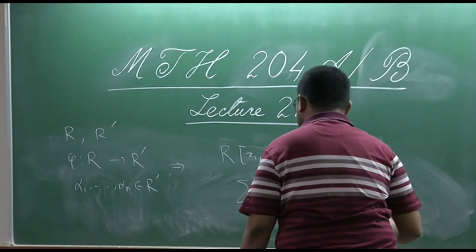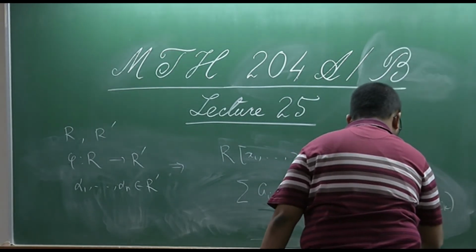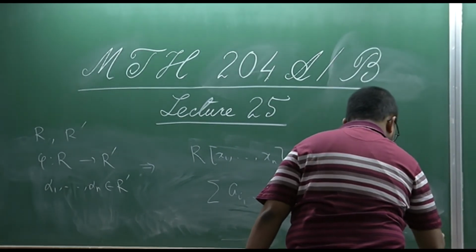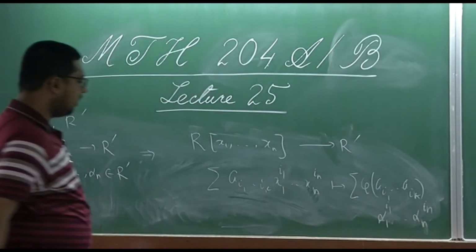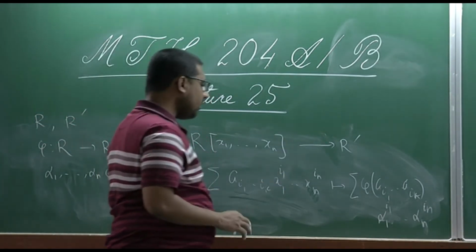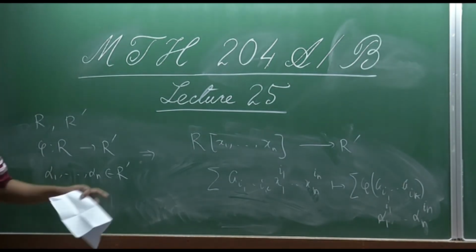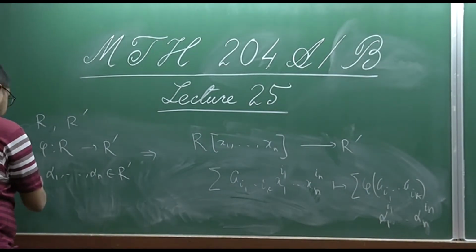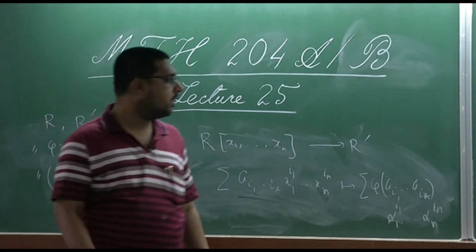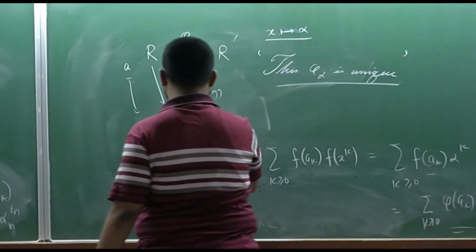Very naturally, these are being sent to phi of the coefficient times alpha 1 to the power i1 up to alpha n to the power in. Since phi is a homomorphism, you can immediately check this is also a ring homomorphism, right. So given any homomorphism from R to R prime and any tuple alpha, we get a corresponding homomorphism. And in case of several variables, the diagram would be the following.